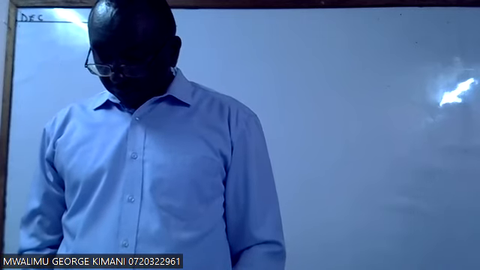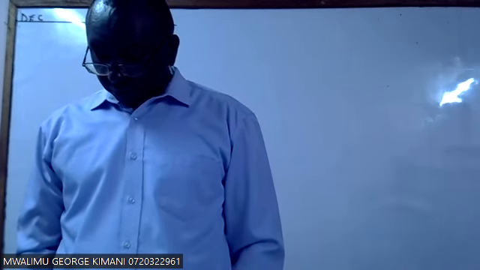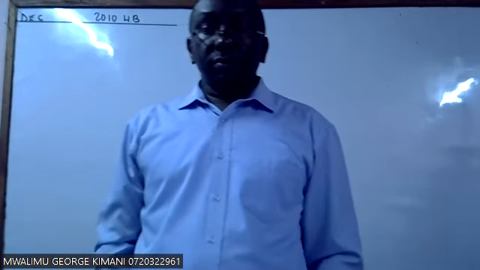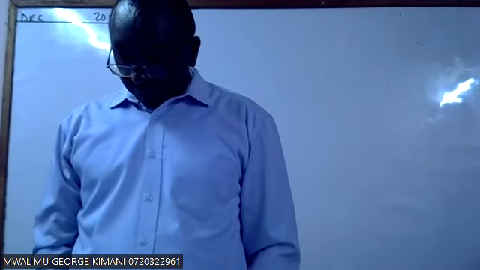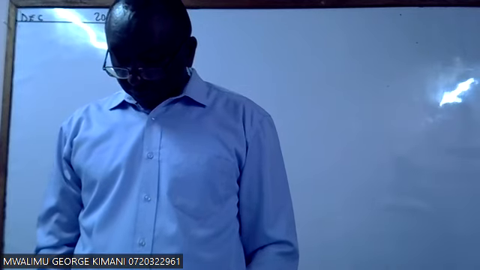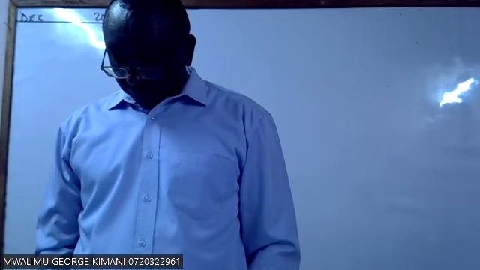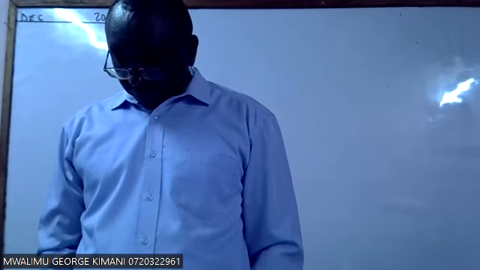It is estimated that a learning curve effect for labor to produce the chair will take the following form. That is y is equals to ax raised to negative 0.3, where y is the average labor hours per unit, a is the labor hours for the first unit, x is the cumulative production. The selling price per chair is fixed at 420 shillings. Assume that the labor hours in year 1 will be available in both years 2 and 3.